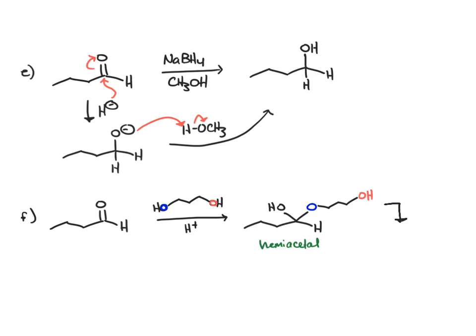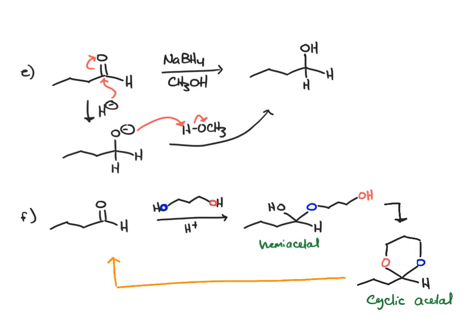So in the end, we form this cyclic acetal, which is something we often use to protect aldehydes and ketones. Because if you want to get rid of that and get butanol back out, all you would need to do is add acid and water to hydrolyze that acetal.